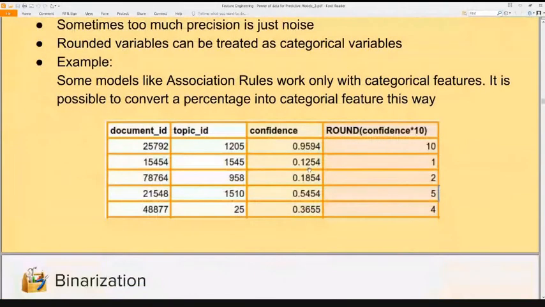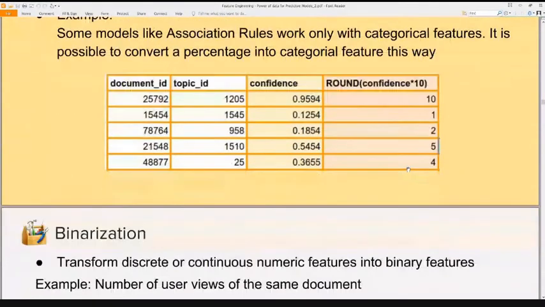For instance, with confidence values ranging from 1, 2, 5, 4, you can round so it becomes 0 to 10, a maximum of 11 different values, as opposed to leaving many decimals. So this can be used as categorical.